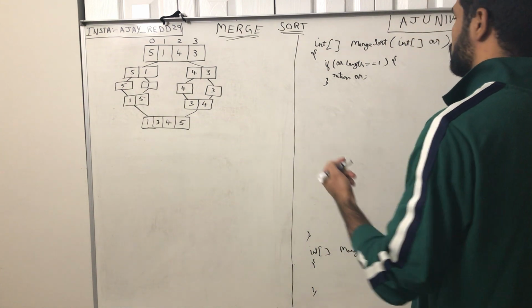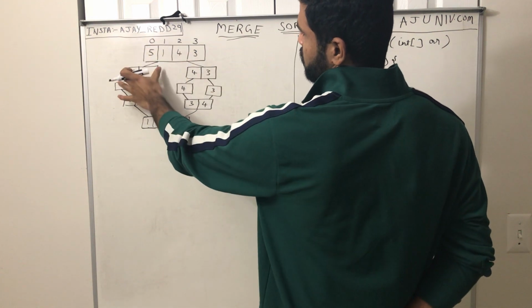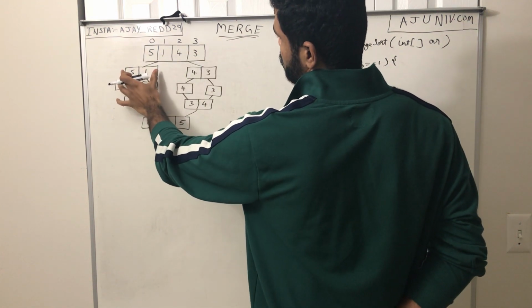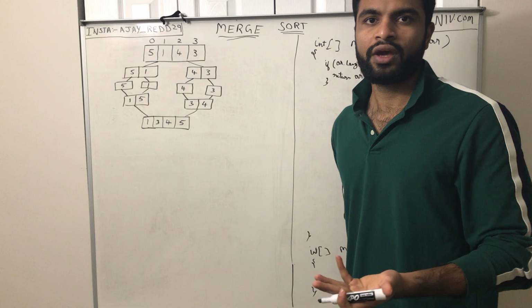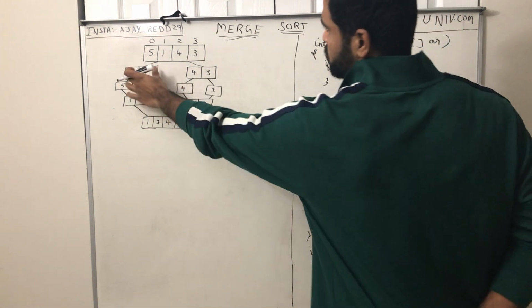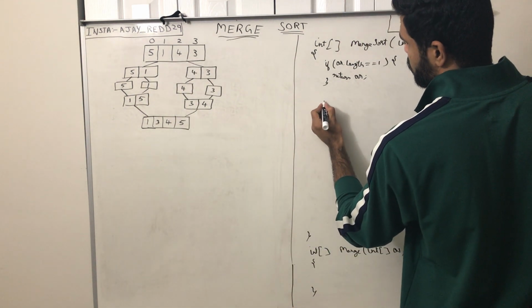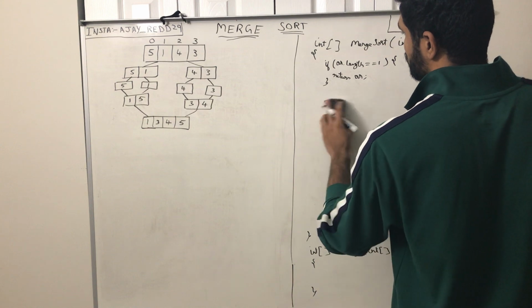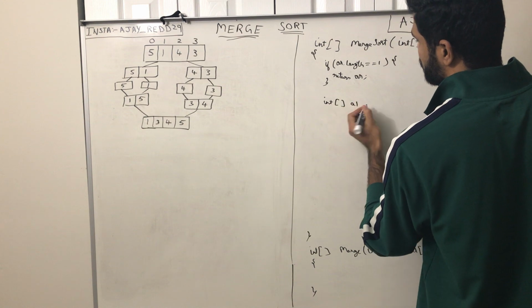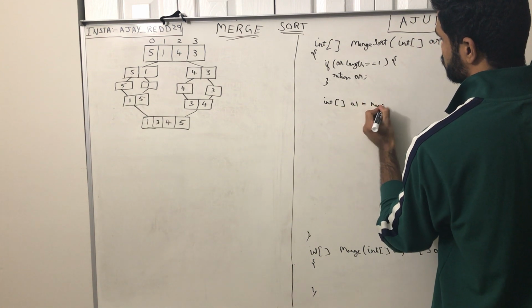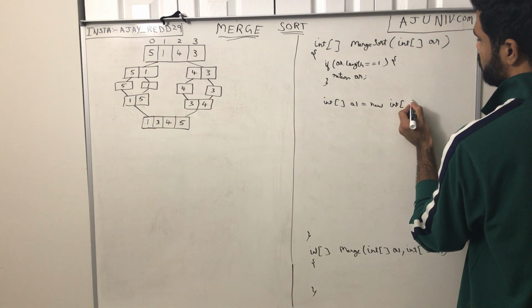And then I have to divide the array into two subarrays, right? If you see, I divided this array into two subarrays like this. For that, I will use two temporary arrays, A1 and A2, and store these values and these values into those arrays. So we'll create a temporary array, I'll name it A1, and new int.